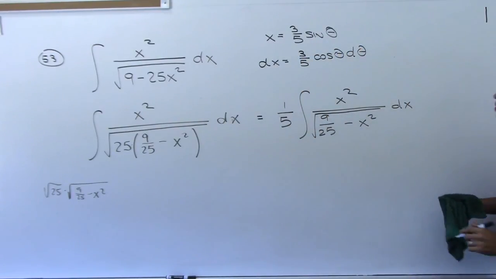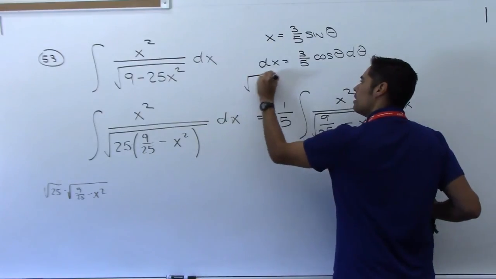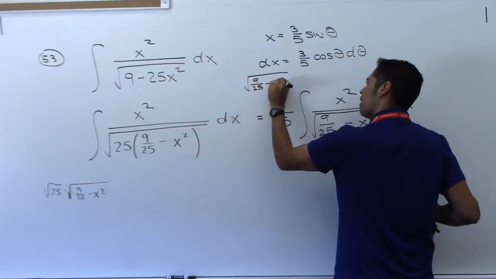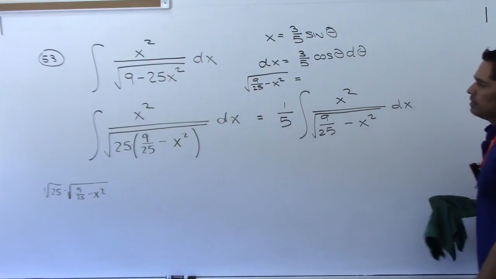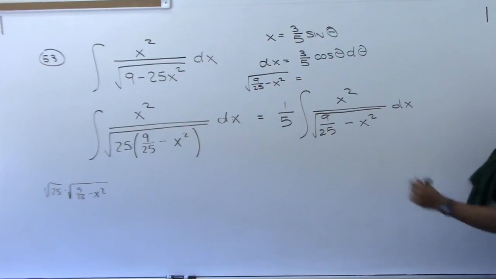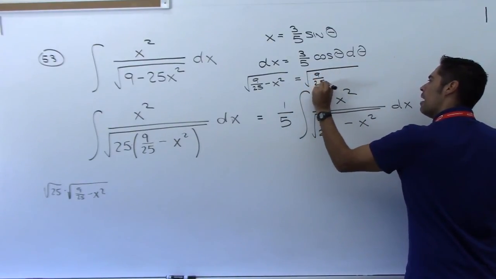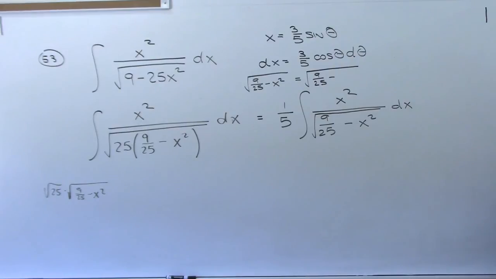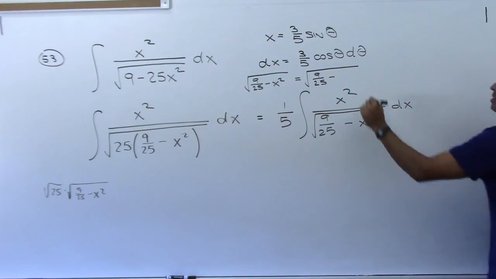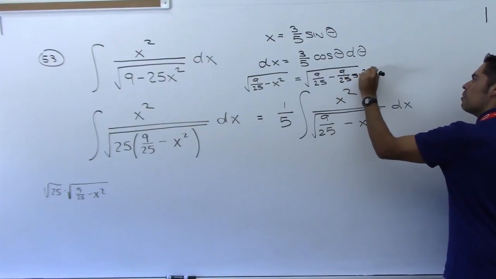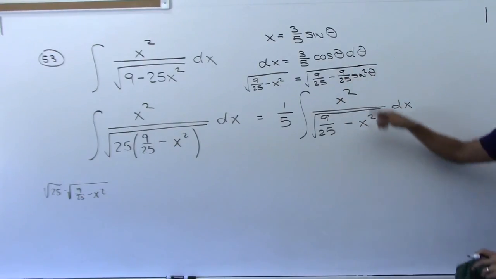And our square root part that we have to rewrite, square root of 9 over 25 minus x squared will be equal to, this is where things get a little bit weird, 9 over 25 minus our x squared is 9/25 sine squared theta, right? That's what happens when we square this.